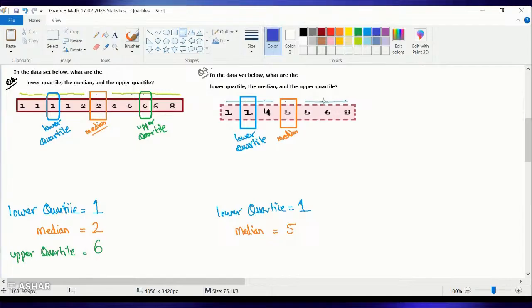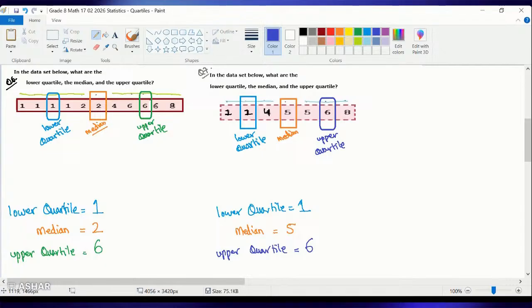We look at the middle value from the remaining upper values, and the upper quartile for this question comes out to be 6. Agreed? So median was 5, the lower quartile was 1, and the upper quartile was 6.